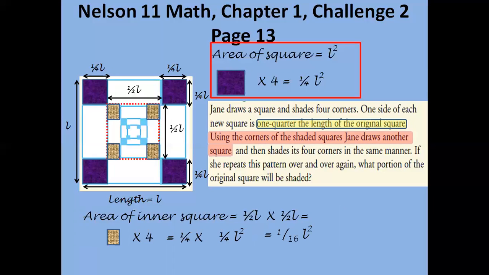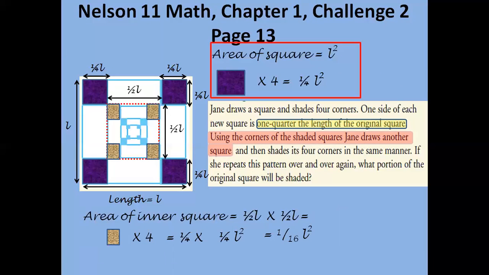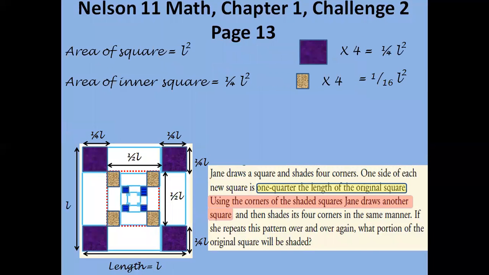So that's the shaded portion area for the inner square. So we kept that for memory as well here. As you see, area of the square is L square. So this blue area times 4 will be 1/4 of L square, and the area of the inner square is 1/4 L square. So this beige shaded area will be 1/16 of L square.